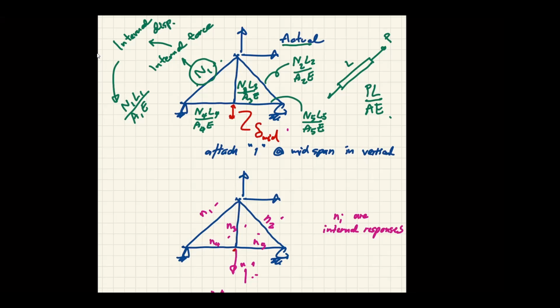Now, of course, you can obtain the internal virtual work. But remember, now you have a system because this is a truss where we have 5 members. So you need to sum up all the energy.